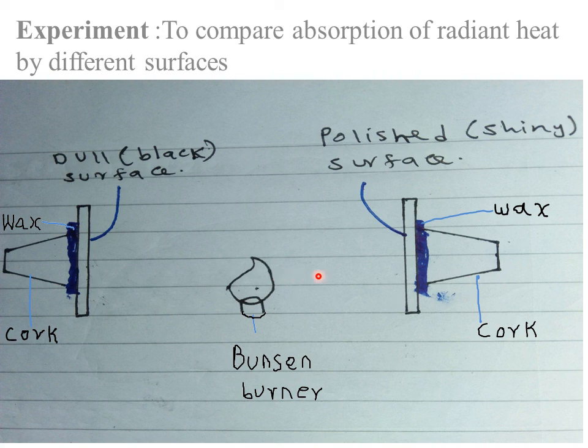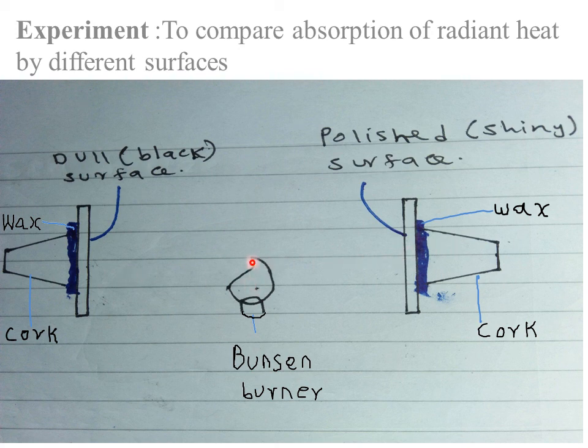You ensure that these distances are the same, so that the amount of heat getting to the shiny surface and the dull surface is exactly the same. After the apparatus have been arranged in this manner, a Bunsen burner or any source of heat is put on, such that there is a flame, producing heat which gets to those surfaces.